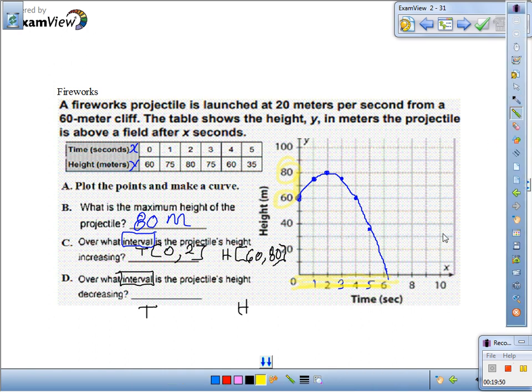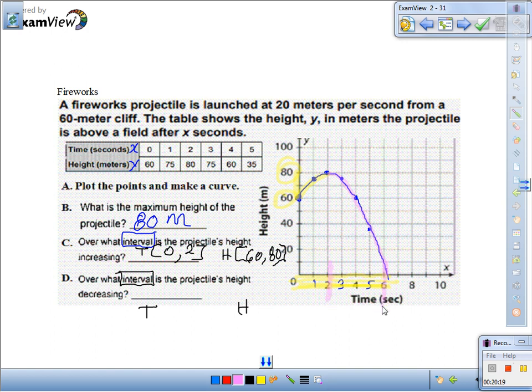All right, for those of you that are following on the video, so here the projectile is increasing from here to here. That's why in height it goes from 60 to 80. And in time, it goes from 0 to 2. However, the decrease starts right here. It starts decreasing all the way down here. This is my decrease. So according to my x values, where does it start decreasing?